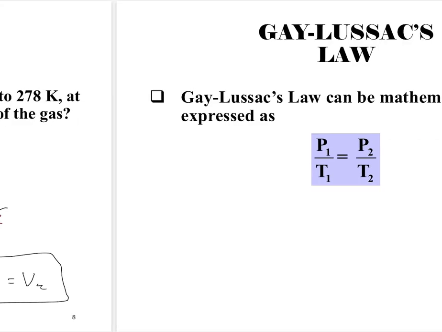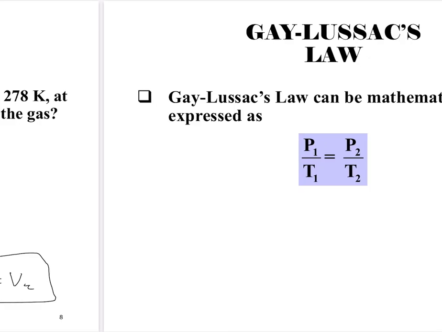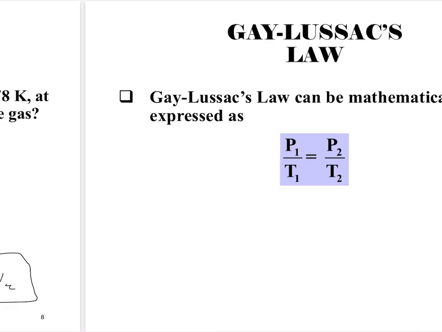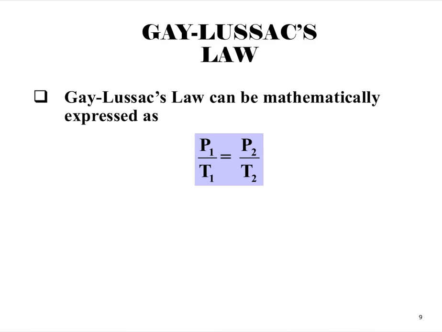So then we have the other thing we can hold constant: if we allow the volume to stay constant, we come up with what's called Gay-Lussac's law. This says that as we increase the temperature, how do you expect the pressure of a gas system to change?